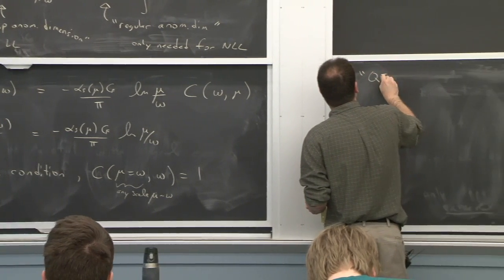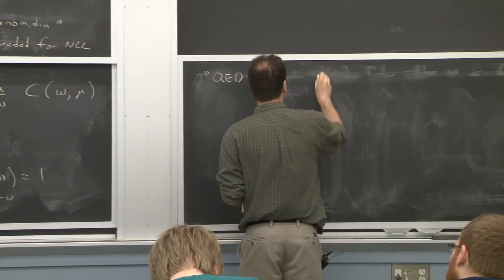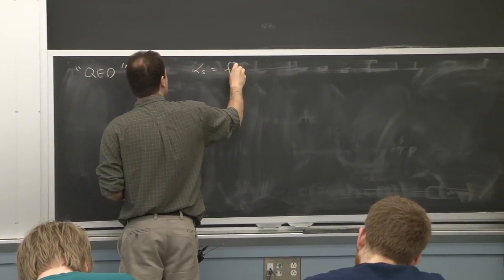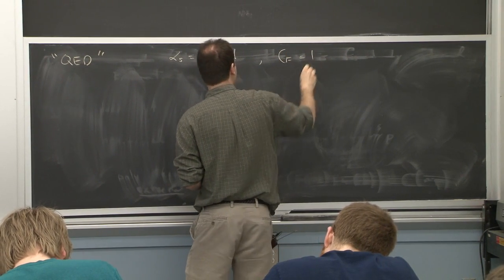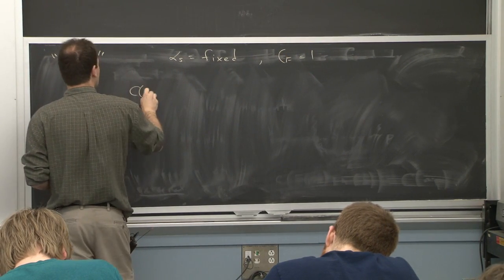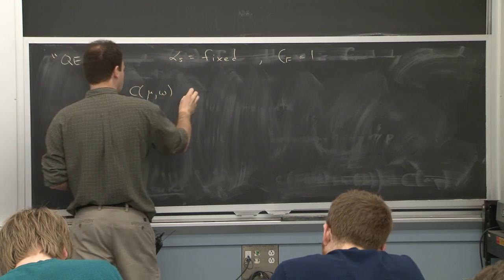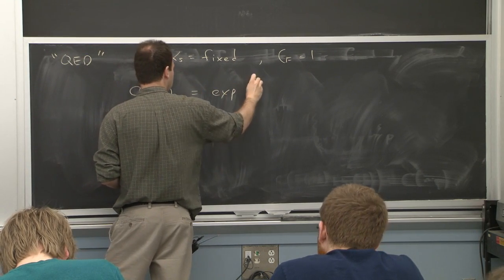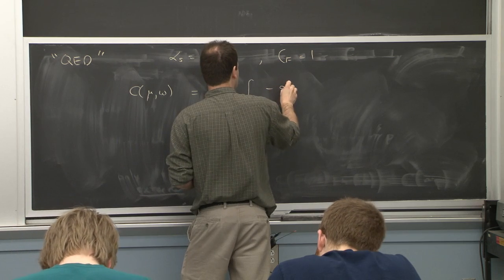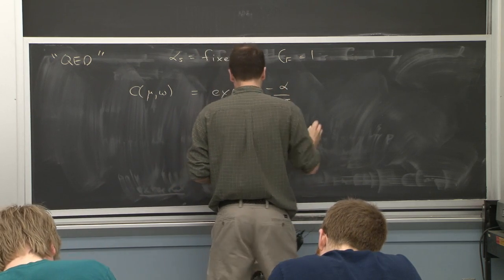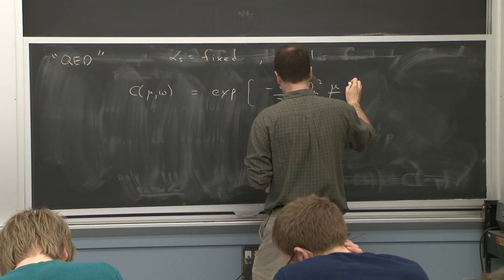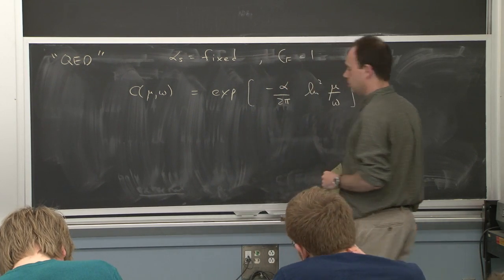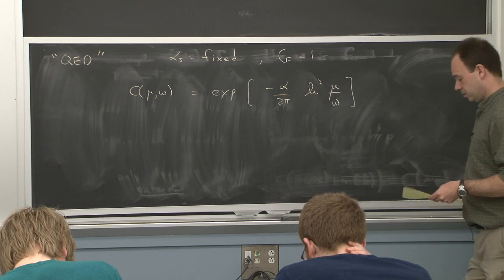So QED with alpha fixed, you can take CF to be 1. When you take the exponential of what I just said, then this is your result for the Wilson coefficient.